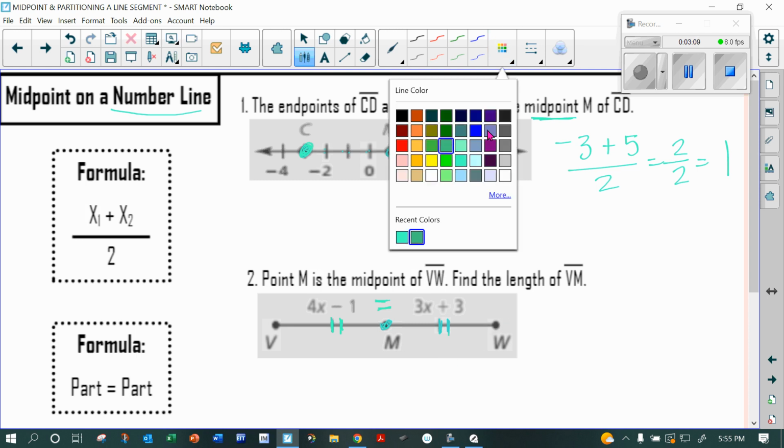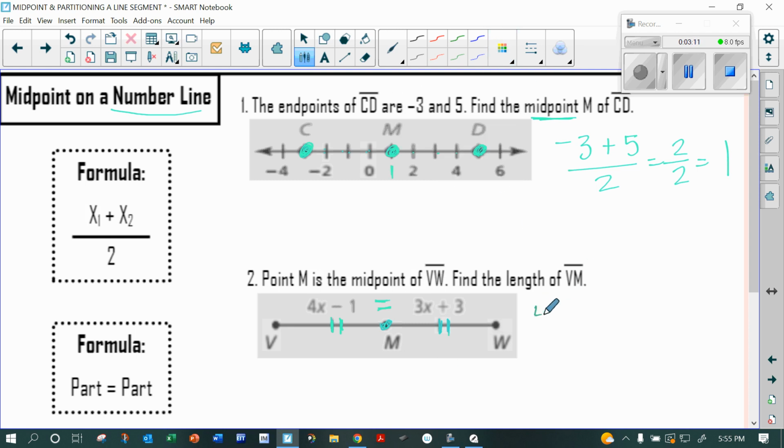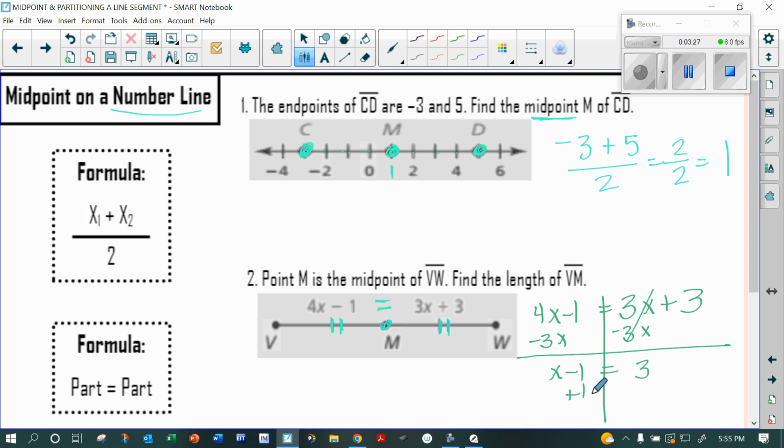So if I were to set these two equal, so 4x minus 1 equals 3x plus 3. So we do our line. So if I subtract 3x from both sides, I get x minus 1 equals 3, and then add this 1 to both sides, x equals 4.